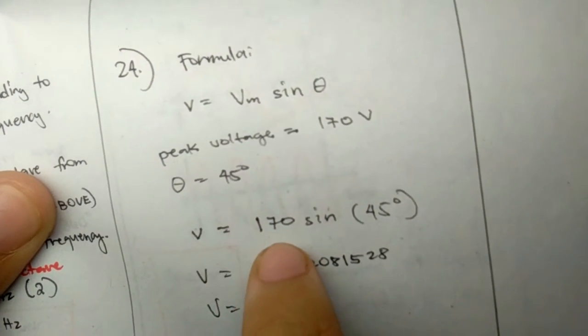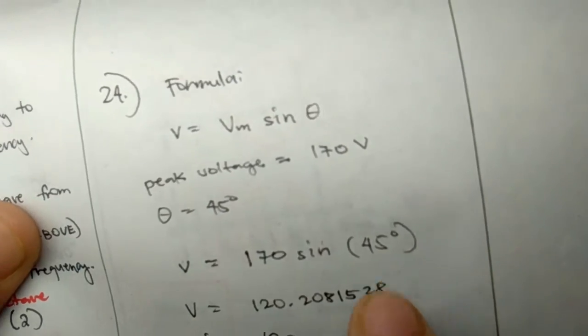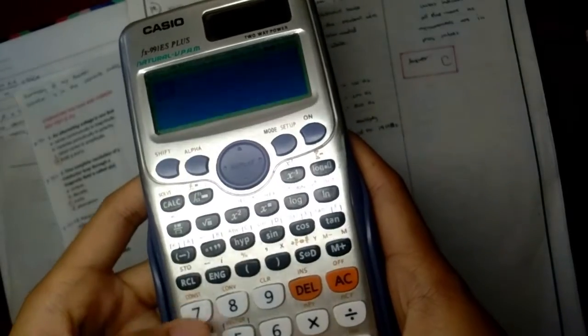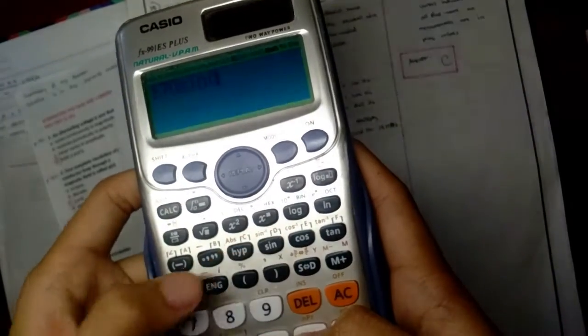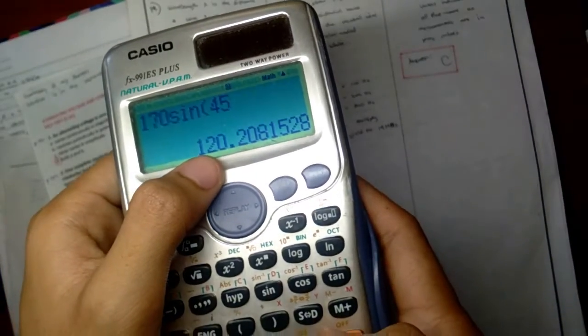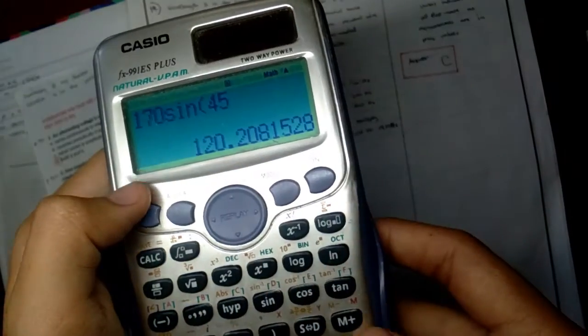Voltage is equal to 170 times sine 45 degrees. To check, 170 sine 45 degrees, rounded off to a whole number, is 120 volts. This is the answer.